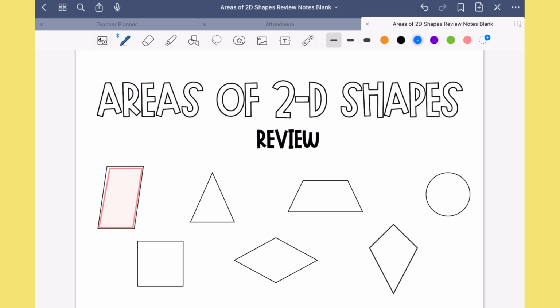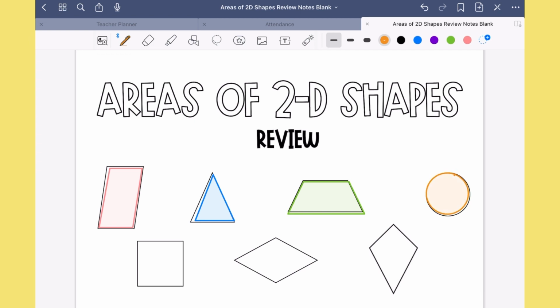Shaded. This is a triangle, so the area would be everything inside of that triangle. This is a trapezoid. Maybe we forgot the names of those, but we will find the area of that. Now, we already did area of a circle, so this one should definitely be fresh in your mind.